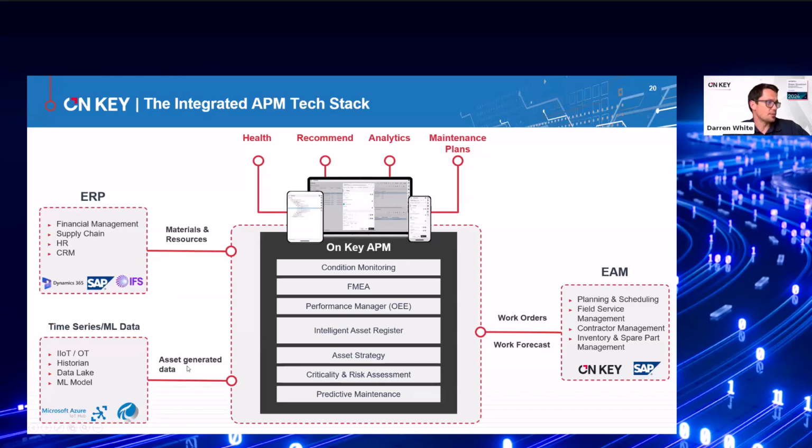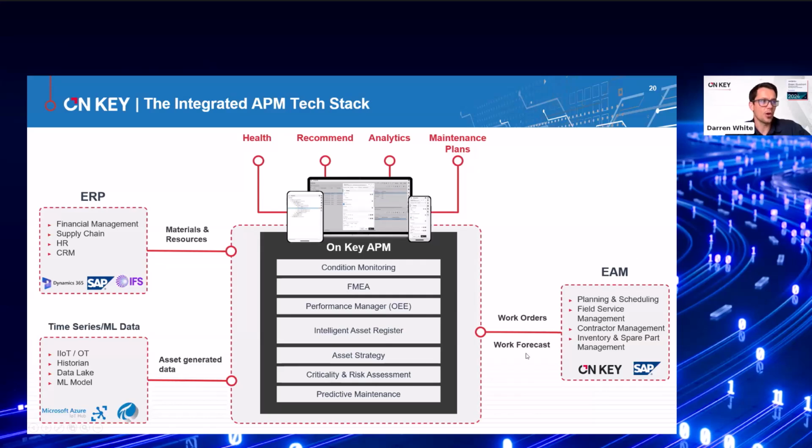You can integrate your time series data, so your asset generated data. This includes IoT, OT or operational technology data, data from your historian, or your data lake. And even, like I mentioned, your hosted machine learning model can also be pushed into the On Key APM world. So there's a data lake that sits in here to ingest all of that data.